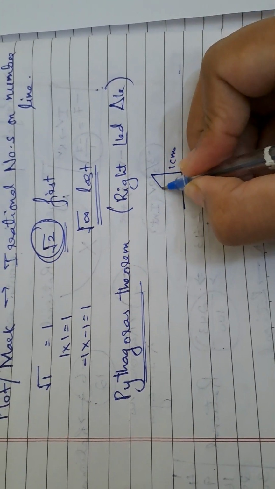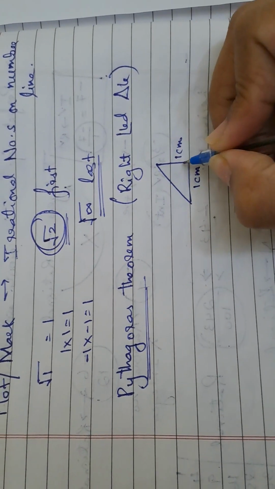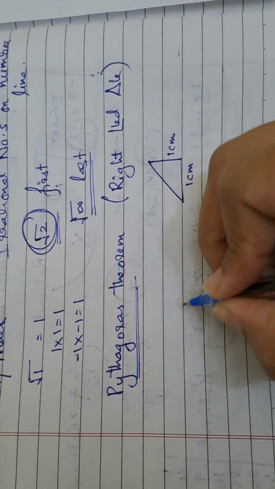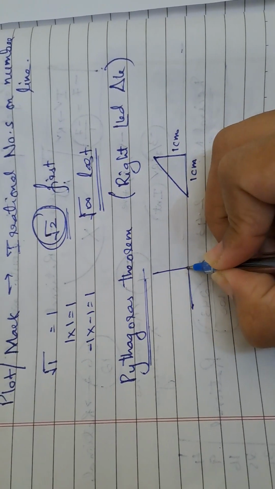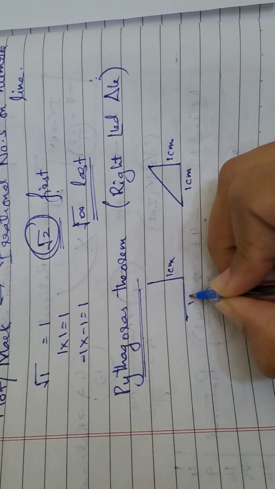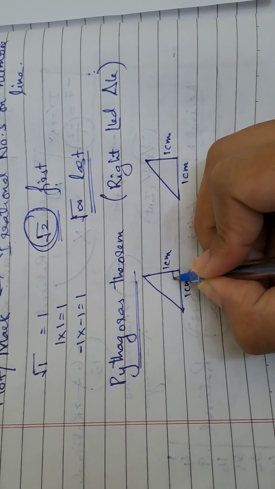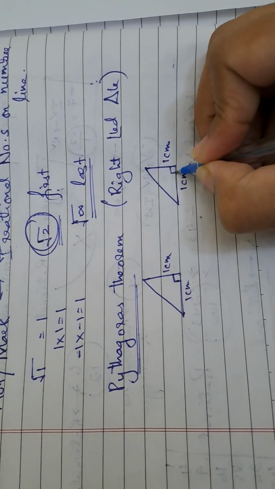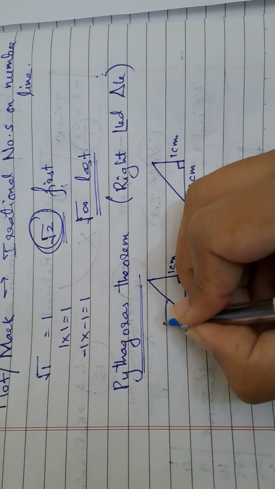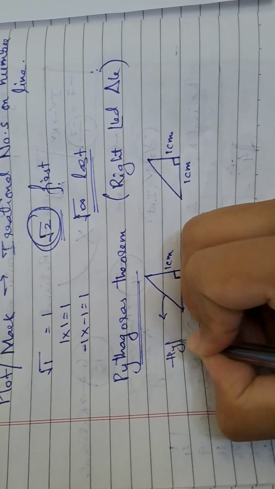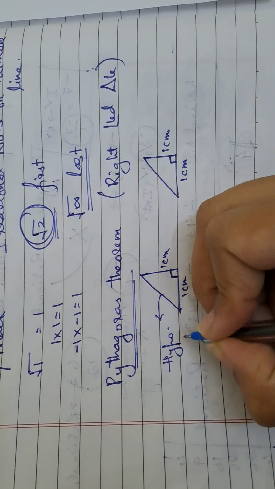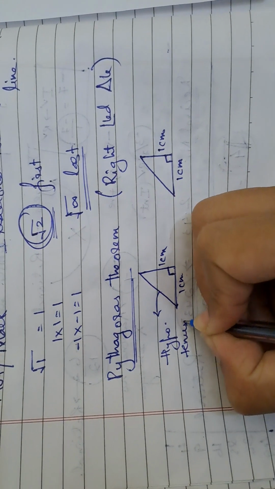To make it a right angle triangle, I need to join the ends, isn't it? Here is the right angle, and this side will be called the hypotenuse.